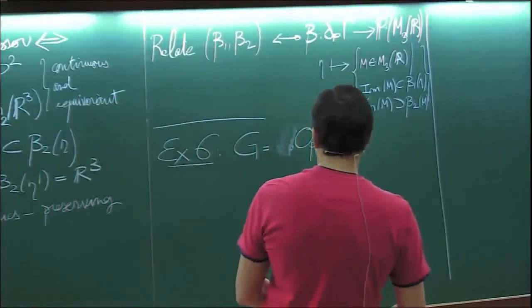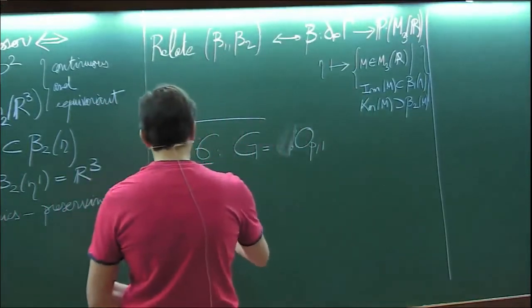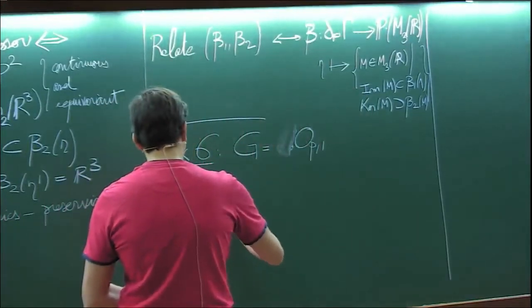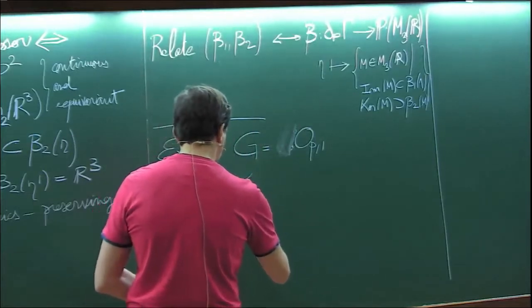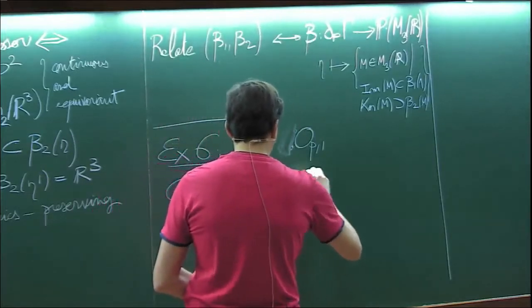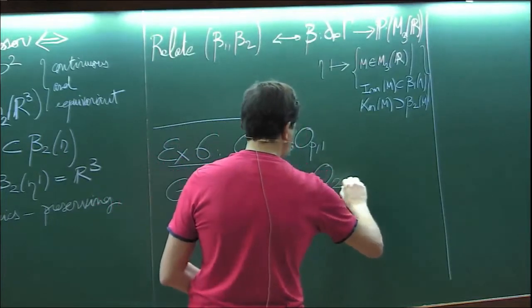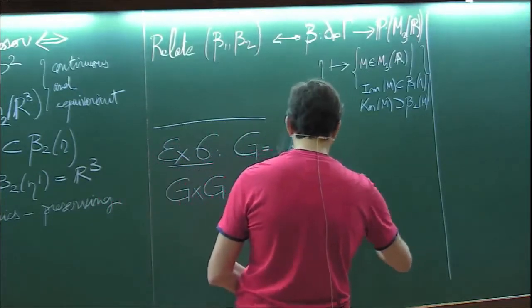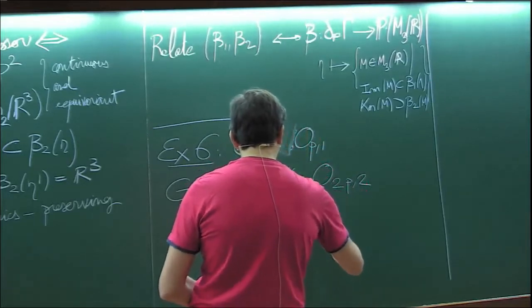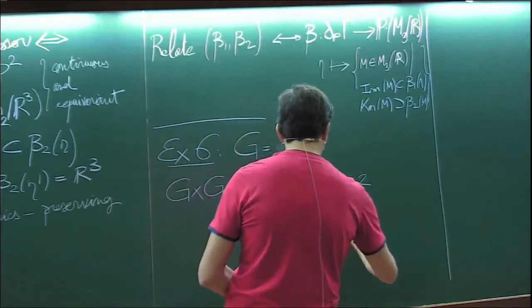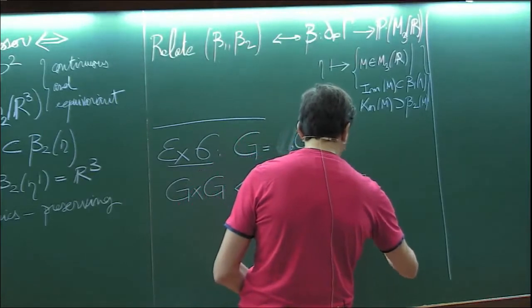And I can see the product group G × G either as a subgroup of O(2n,2) or as a subgroup of O(n+1,n+1).